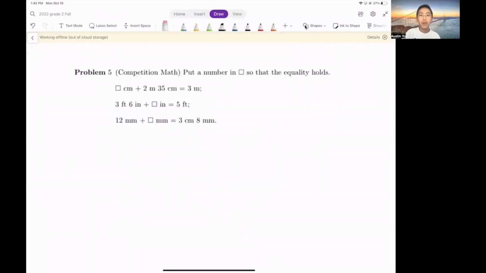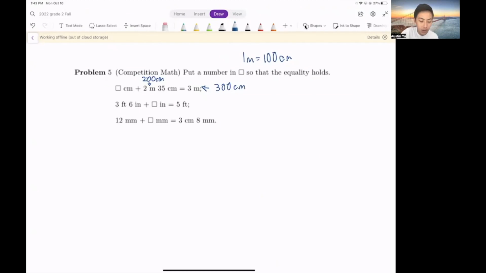Problem 5. Put a number in the blank so that the equality holds. Number 1. Something in centimeters plus 2 meters and 35 centimeters is equivalent to 3 meters. So we recall that 1 meter is equivalent to 100 centimeters. So 3 meters must be 300 centimeters. And we also know that 2 meters should be equivalent to 200 centimeters.